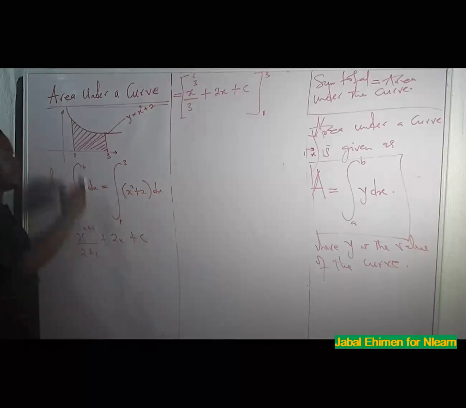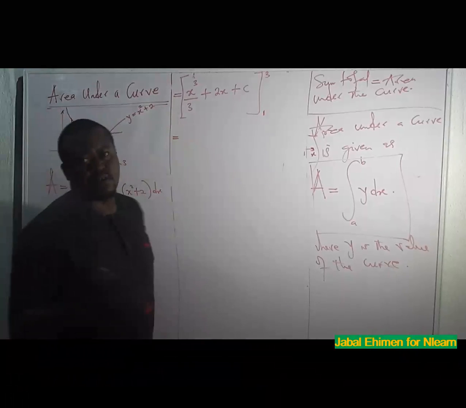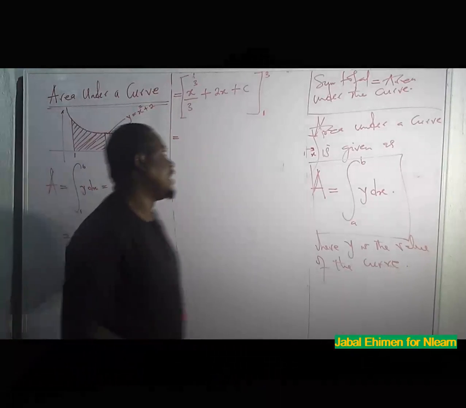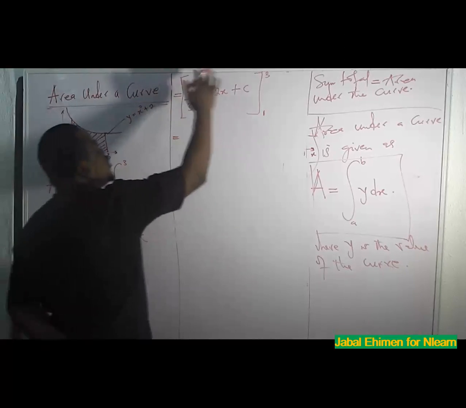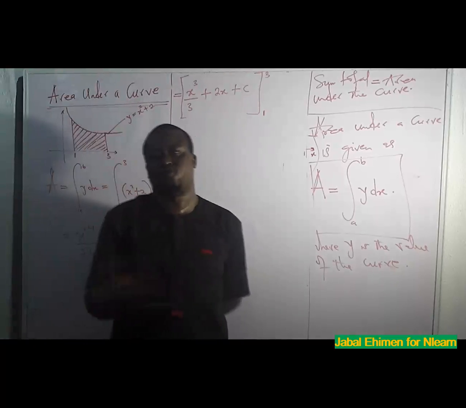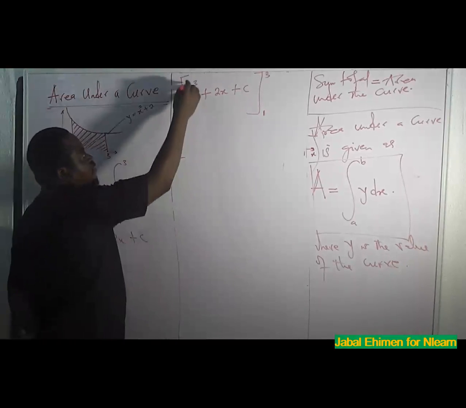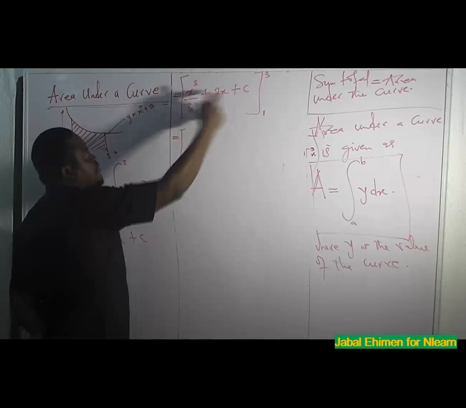Where did that come from? From the limits b and a, 3 and 1. Now let's take our calculation. I'm going to substitute the value of 3 first, and later I'll substitute the value of 1 and subtract. You can do that straight if you want. The first one, let's put 3 in every value of x.